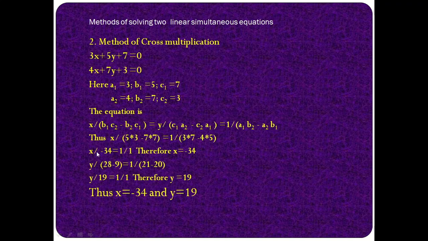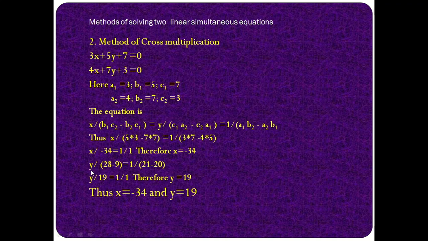So x divided by 5 into 3, 15, minus 7 into 7, 49. 15 minus 49 is equal to minus 34, is equal to 1 divided by 3 into 7, 21, minus 4 into 5, 20, 21 minus 20, 1 divided by 1, 1 by 1. Therefore, x is equal to minus 34.